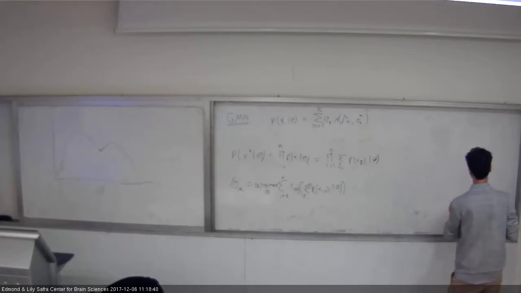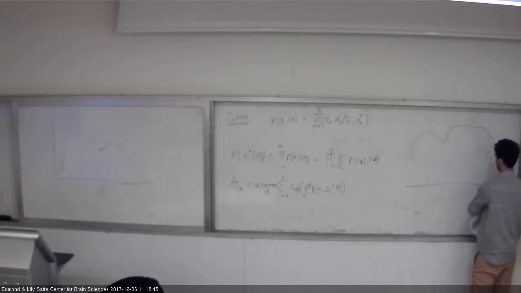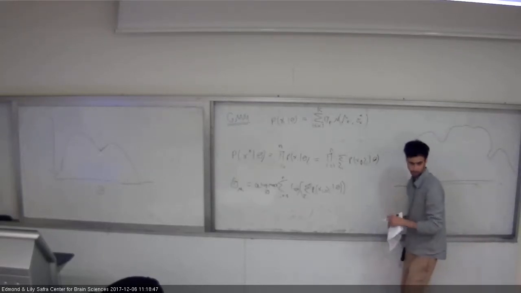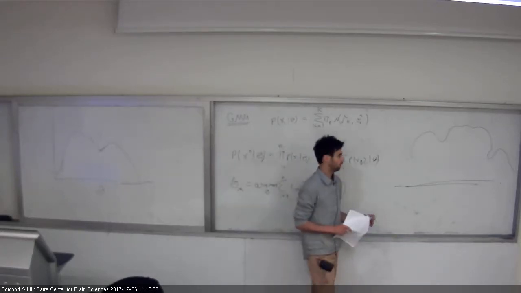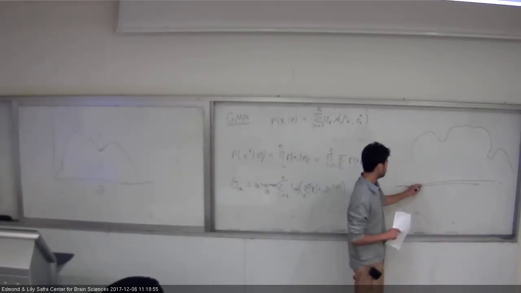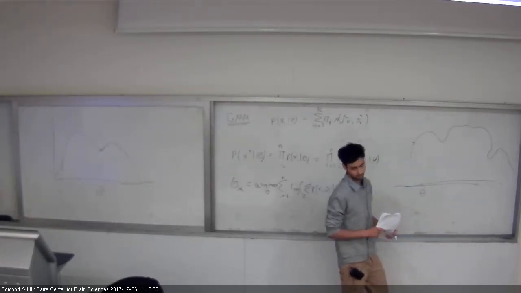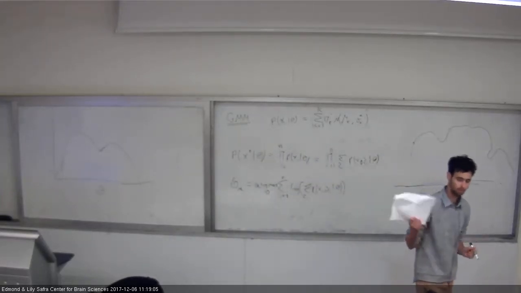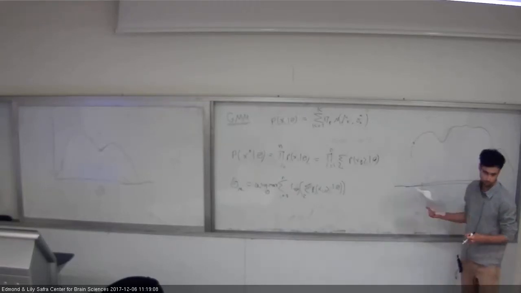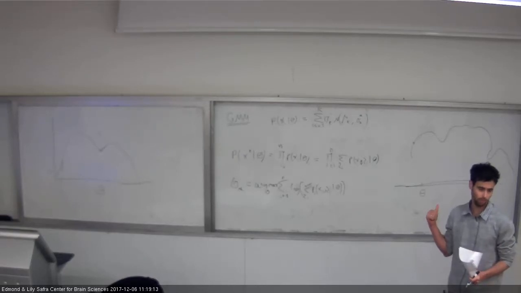I have my likelihood function, and it can be very complex, very non-convex. I start with some theta, evaluate the likelihood at this theta, calculate the gradient with respect to theta, and go to the point against the gradient direction.